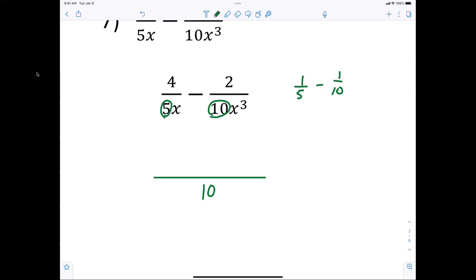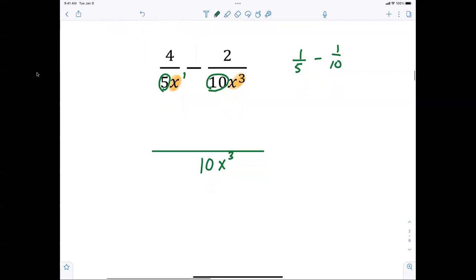10. Now, the rule for the exponent is you just take the largest number for the exponent. So in the first one, it's x to the what power? X to the first. And on the second one, it's x to the, so the common denominator is 10 what? 10x to the third. That is correct.